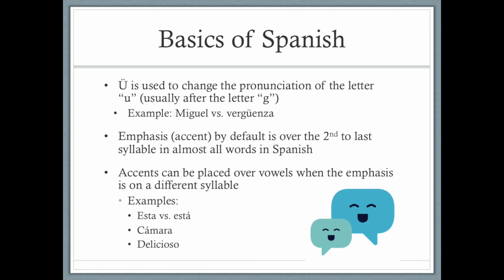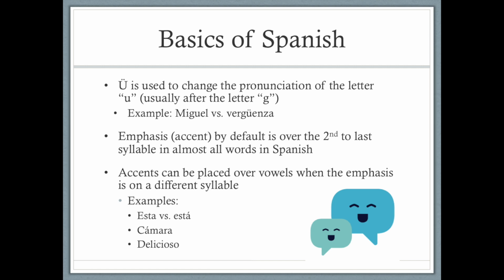Let's talk about accents. Accents are applied over vowels to change the emphasis to a different syllable. By default, the accent will almost always be over the second to last syllable. So let's look at a couple examples of this.